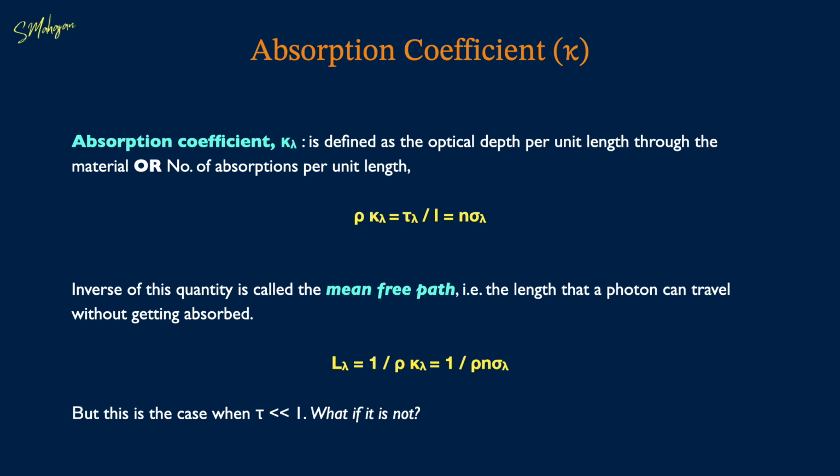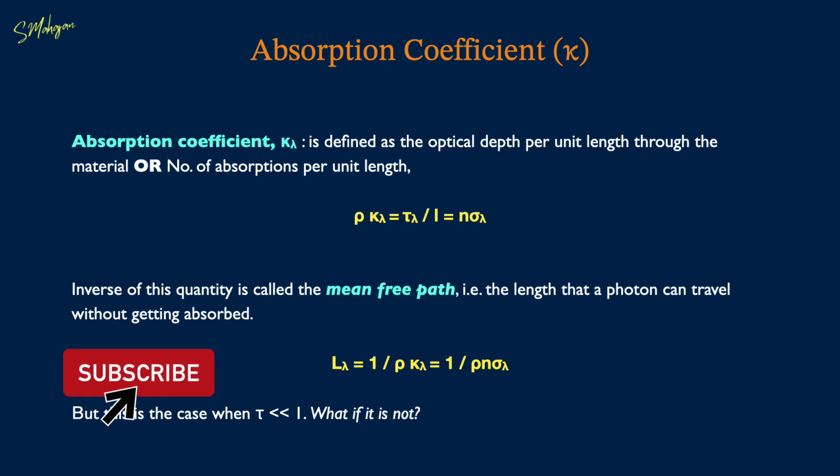Absorption coefficient is defined as the optical depth per unit length through the material, or in other words, the number of absorptions per unit length. It is given by n sigma by rho. The inverse of this quantity is called the mean free path, which is the length that a photon can travel without getting absorbed, assuming that the optical depth is much smaller than unity.